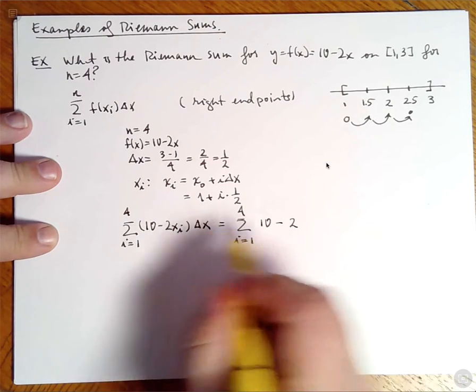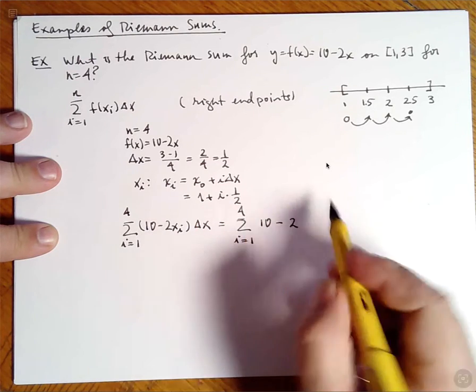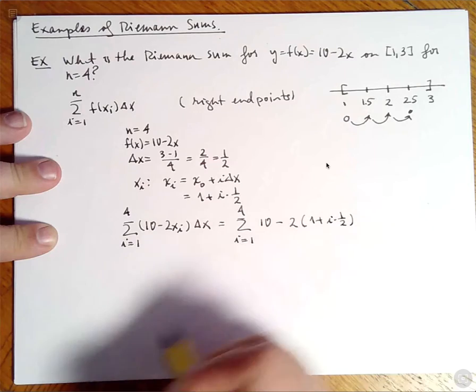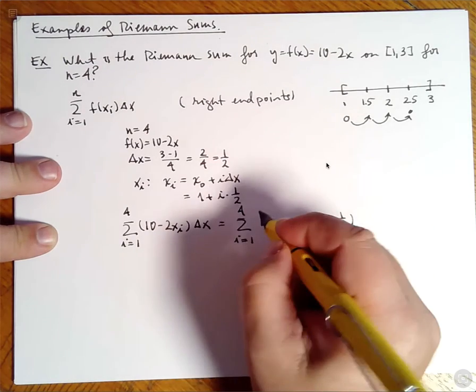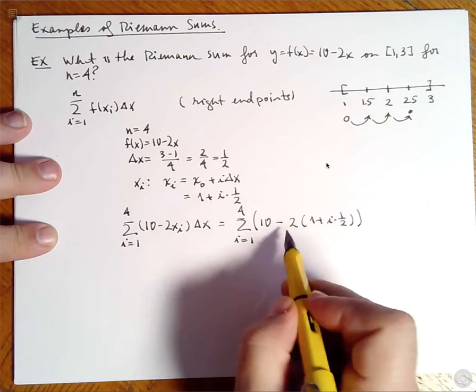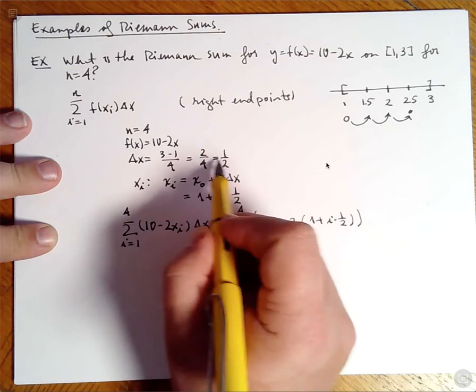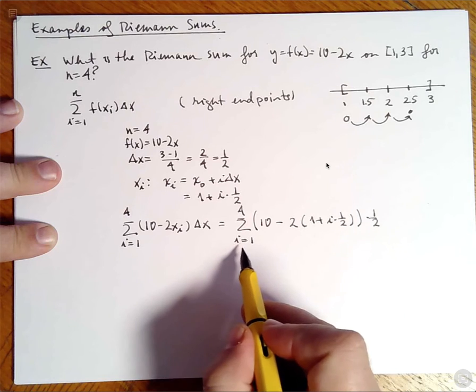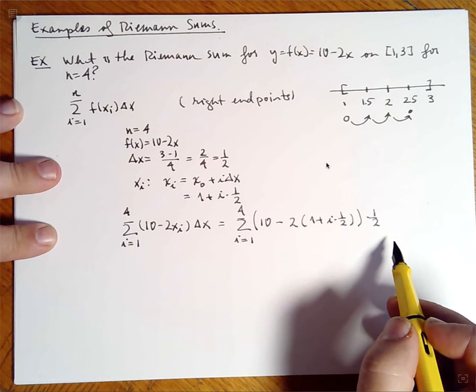Now I'm going to put in my expression for xi, and then my parentheses again. And instead of having that delta x, I'm going to put in the 1/2. So this here is my Riemann sum. I could stop here.